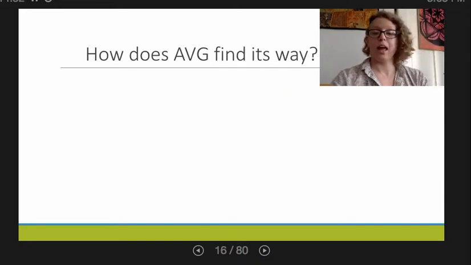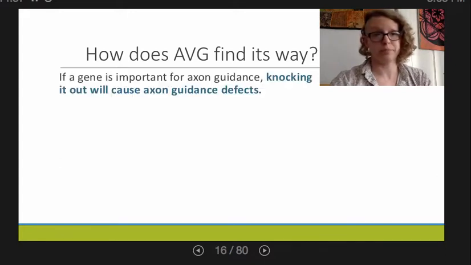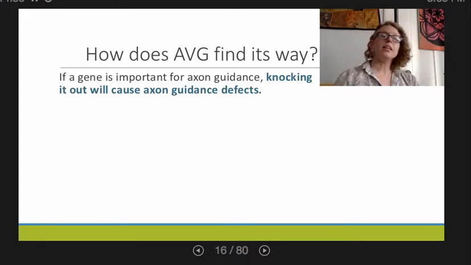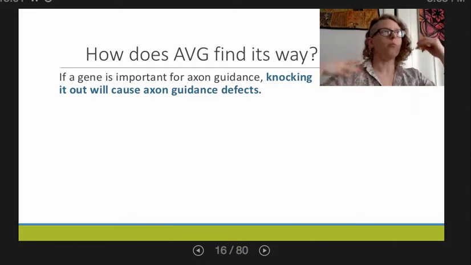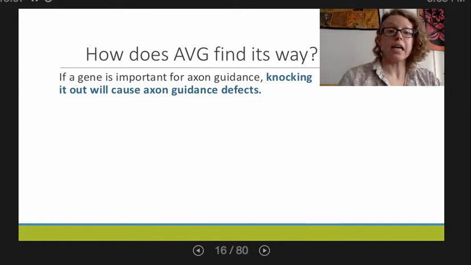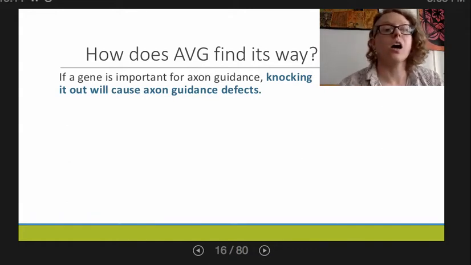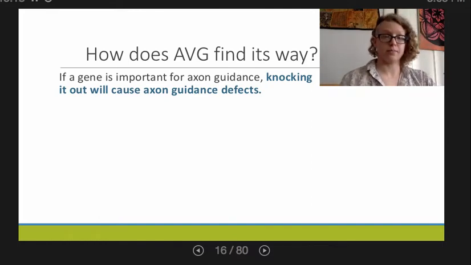So, how does AVG find its way? This is my research question. This is the basic premise of all of the research that I do. The premise is that if a gene is important for axon guidance, knocking it out will cause axon guidance defects.